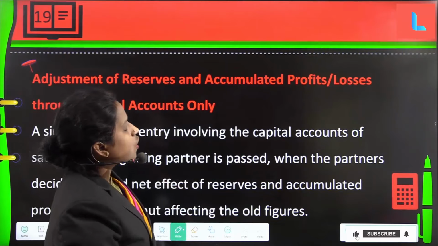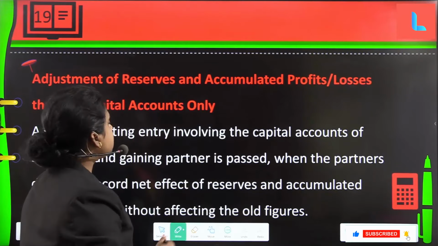Adjustment of reserves and accumulated profits or losses through capital accounts only.